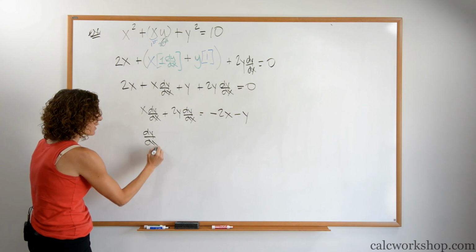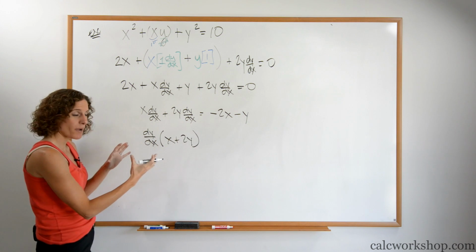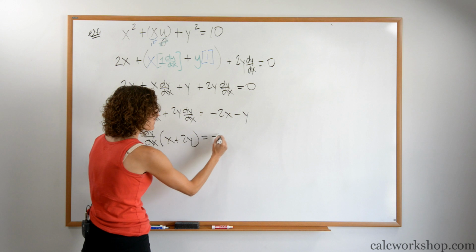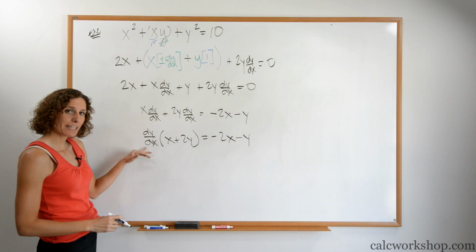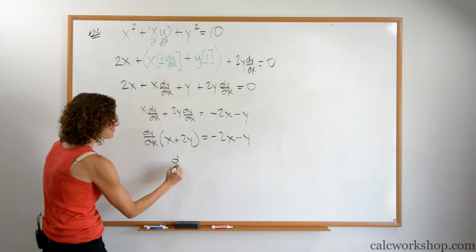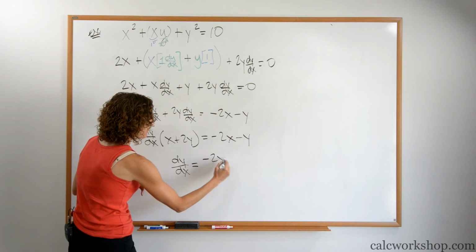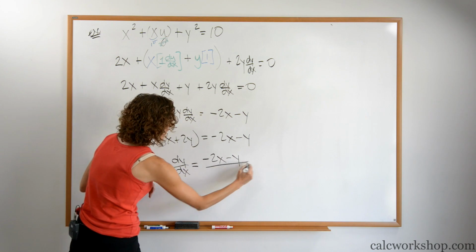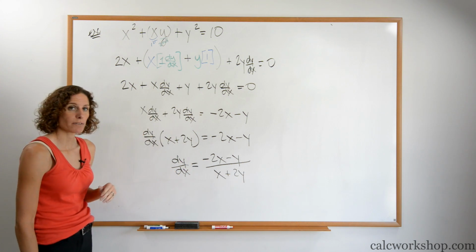If we pull out a dy/dx, that leaves me with x plus 2y in parentheses on the left-hand side equals negative 2x minus y. The last thing I need to do to get dy/dx by itself is divide by that quantity. So dy/dx equals negative 2x minus y, all divided by x plus 2y.